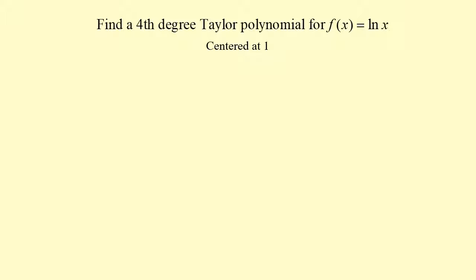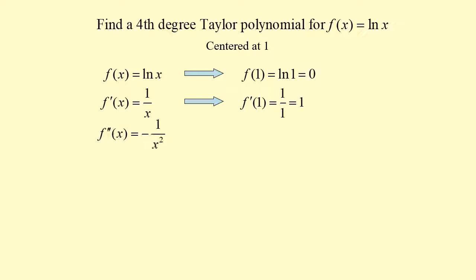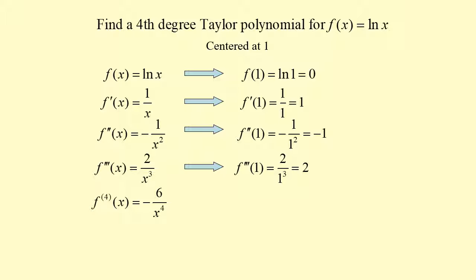And I'll show you this last one real quick that is centered at 1 instead of at 0. Now again, all the stuff that you do is the same. You do the function value at 1, you do the derivative at 1, you do the second derivative at 1, the third derivative at 1, and the fourth derivative at 1. Since we're only doing a 4th degree polynomial, we can stop there.